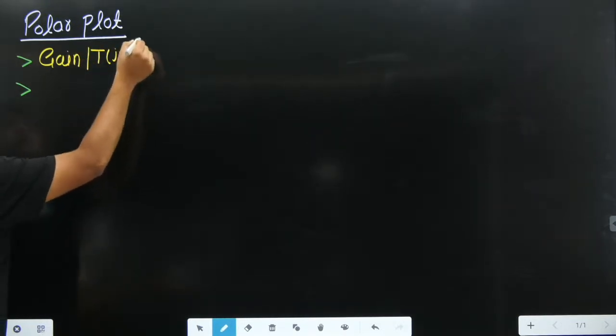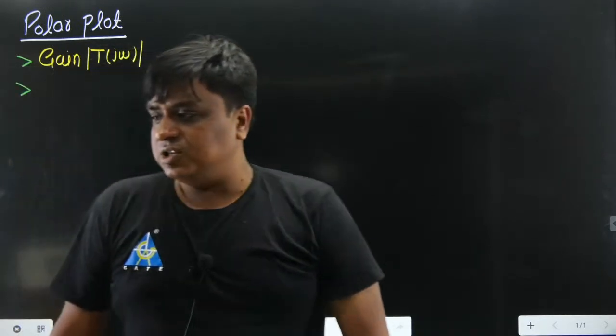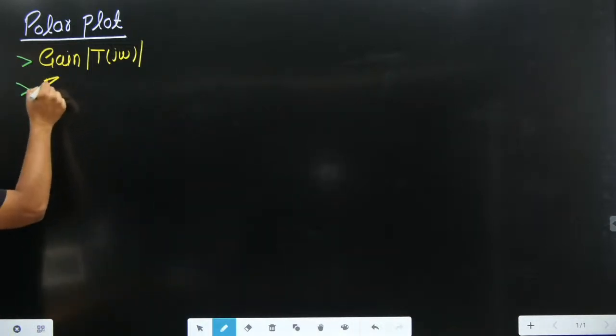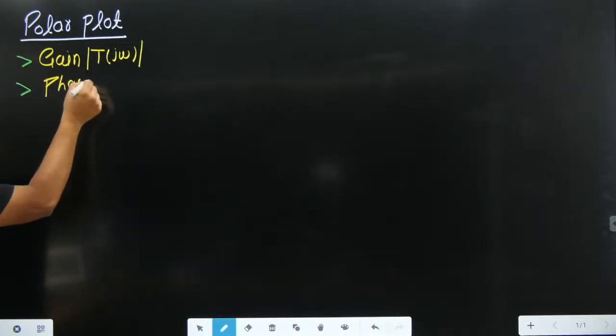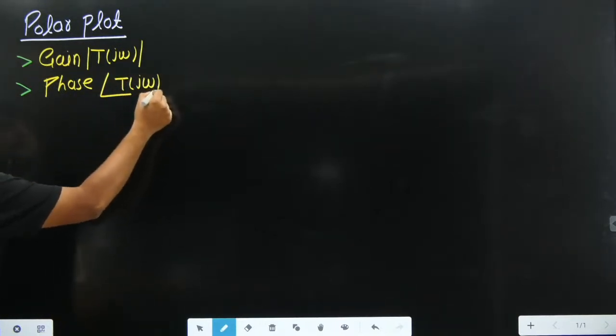Once we are done with the gain offered by the transfer function, we would also focus on the phase offered by the given transfer function, obviously in the frequency domain again.